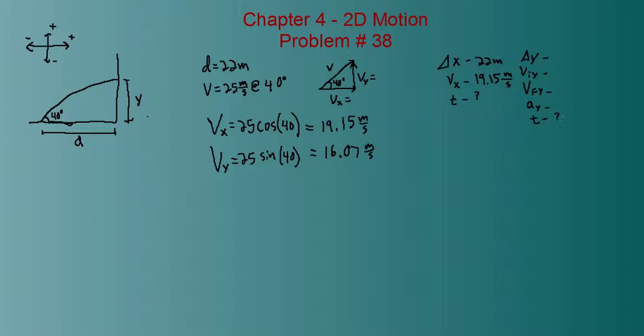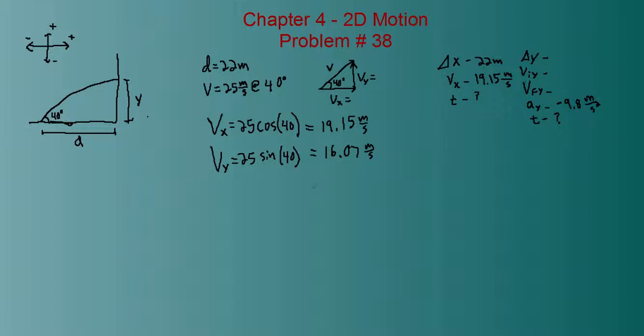We do know the acceleration. We said down is negative this time, so gotta be careful there. This is minus 9.8 meters per second squared.